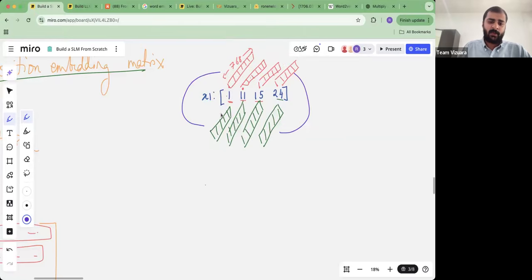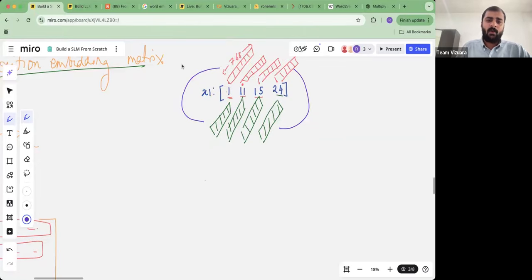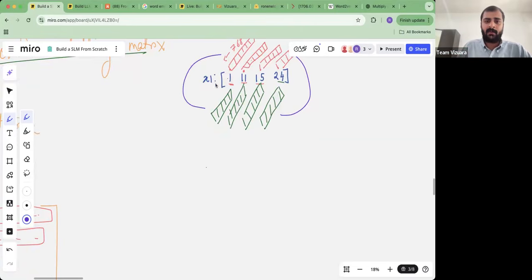And since the size is going to be 768 itself, what I'll ultimately get is a token embedding vector plus a position embedding vector whose size is 768. So for every token ID now, I have a 768 dimensional vector, which is the summation of the token embedding vector and the position embedding vector.